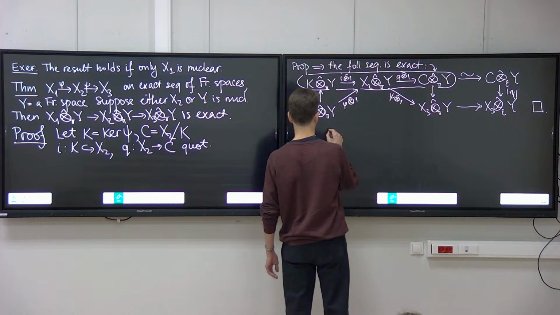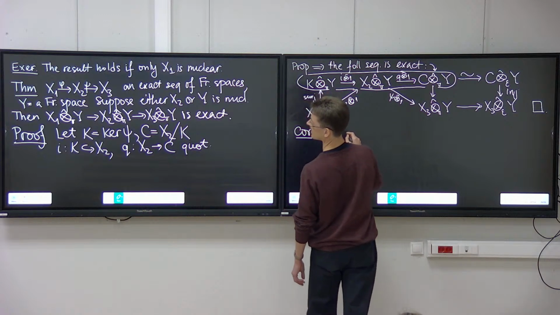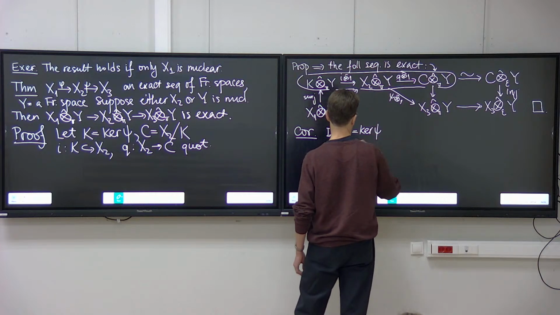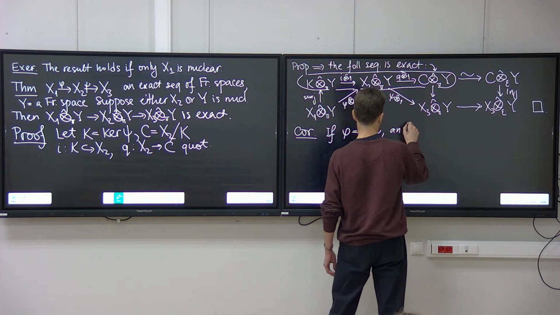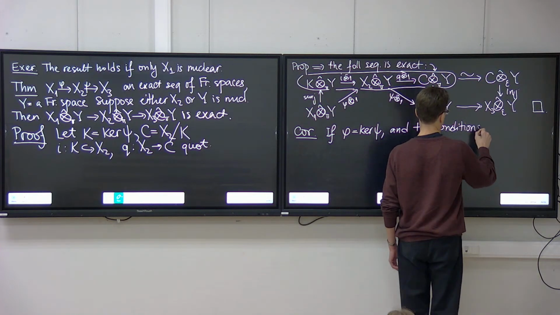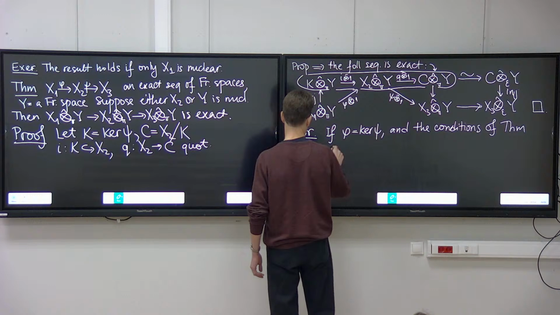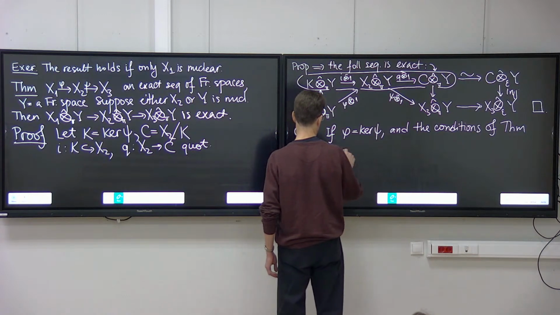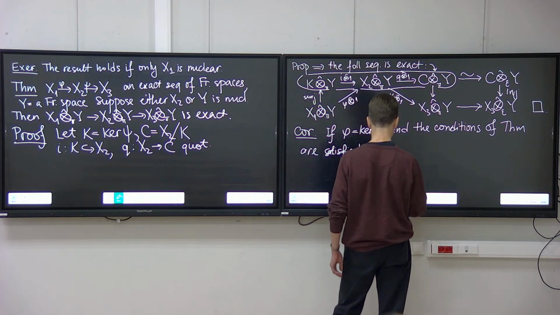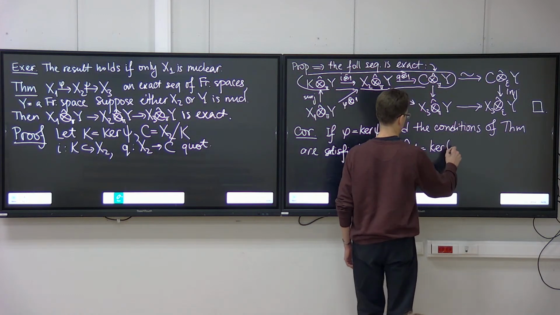So if phi is the kernel of psi and the conditions of our theorem are satisfied, then phi tensor 1 is the kernel of psi tensor 1.